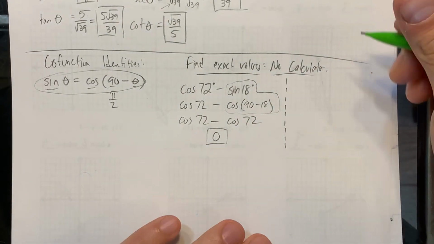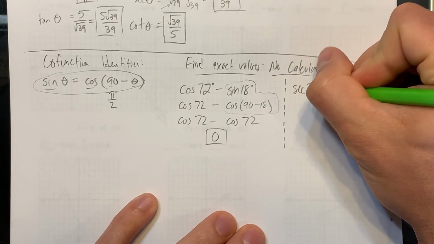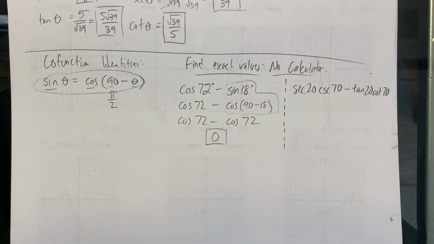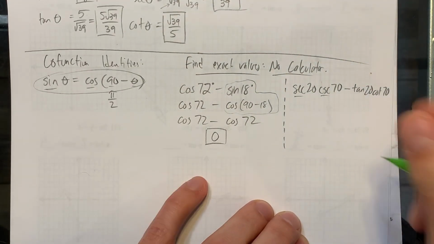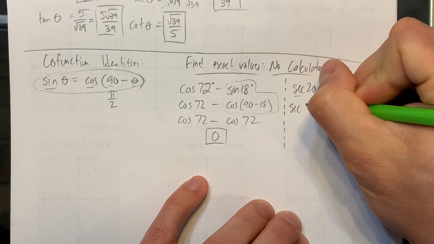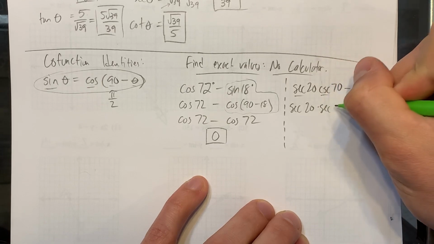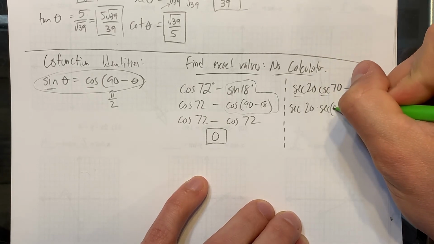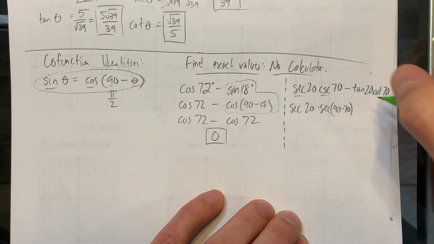And my last example of this type is this: secant of 20 cosecant of 70 minus tangent of 20 cotangent of 70. Now secant and cosecant are cofunctions of each other, and so technically I could write it like this: secant of 20 times secant of 90 minus 70. We'll simplify that in just a second.